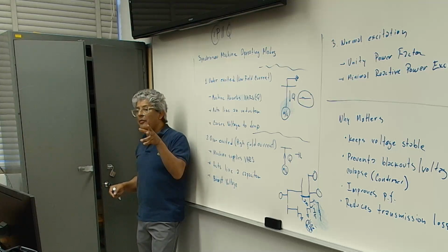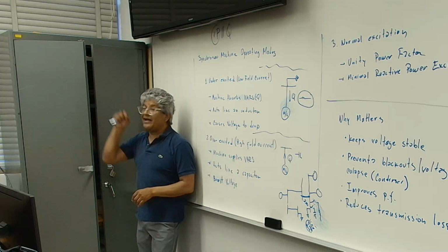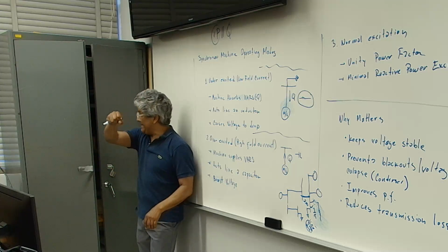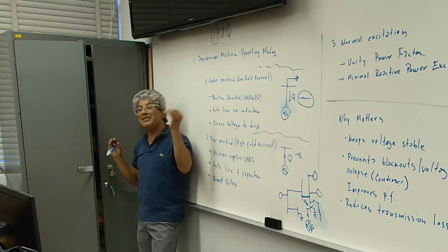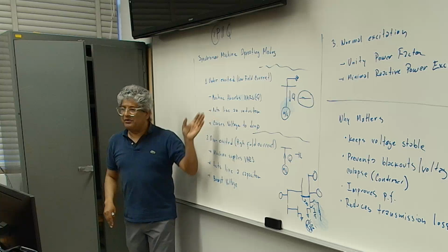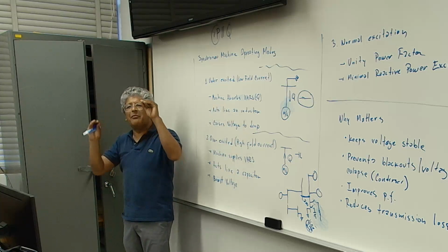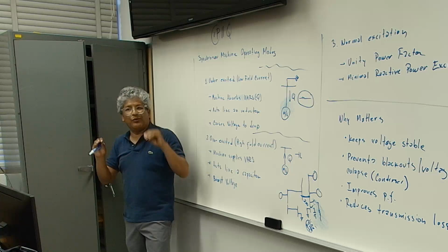You cannot tell the capacitor to give you 5. It's gonna give you whatever it has. If the reactor is 10 megavars, it's gonna take 10 megavars. You cannot do it in between, right? So steps like on, off, on, off. The machine, on the other hand, you have the ability to adjust it to the amount of vars that you need precisely, right?